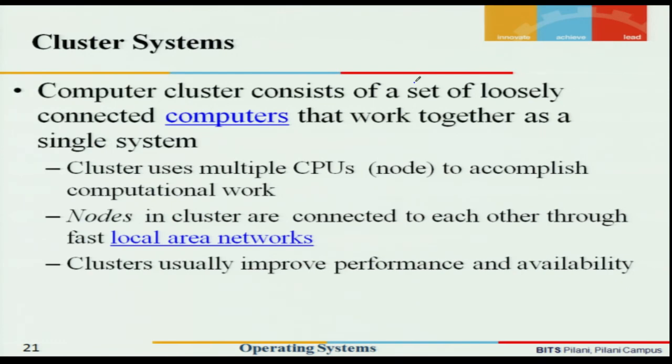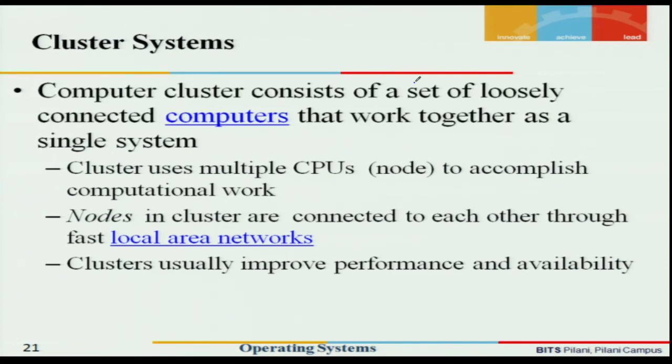So I may have 10 systems connected in some manner, and to the user they give an illusion that the user is working on a single system, whereas in the background there can be 10 or any number of systems. So cluster systems can use multiple CPUs.